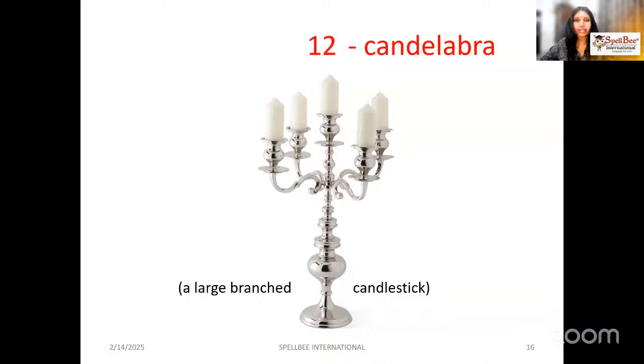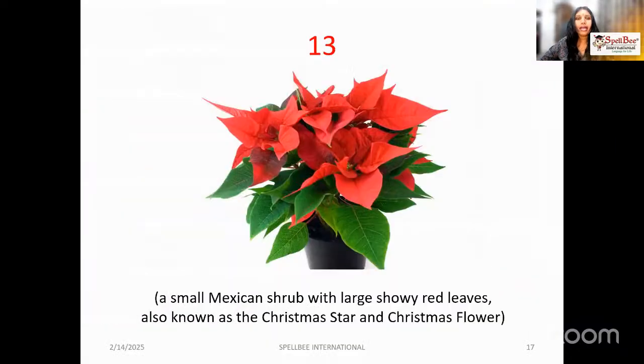Very good. Next one. Have you seen this potted plants? This is a small Mexican shrub with large, showy red leaves. So these are not flowers. These are red leaves. Red plant, really? That's very profound. Nitish, think. If your parents are into gardening, then you might know this.